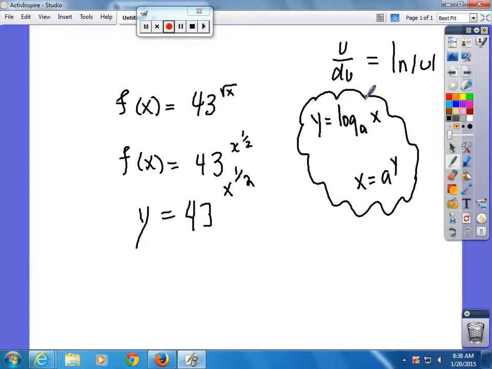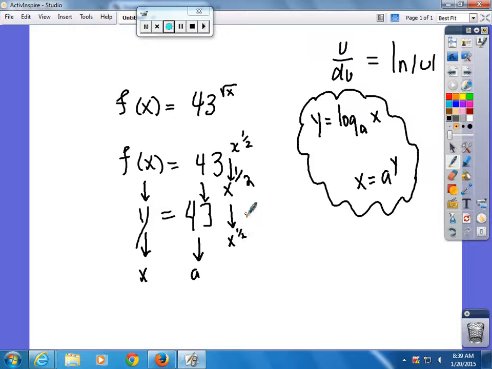So, if I've got this, can I rewrite this as a logarithm? Or this as a logarithm? Okay, rewrite it as a logarithm. Okay, so this X is equal, now they got it a little bit backwards. That's equal to X. What's A? A is 43. And Y is what?